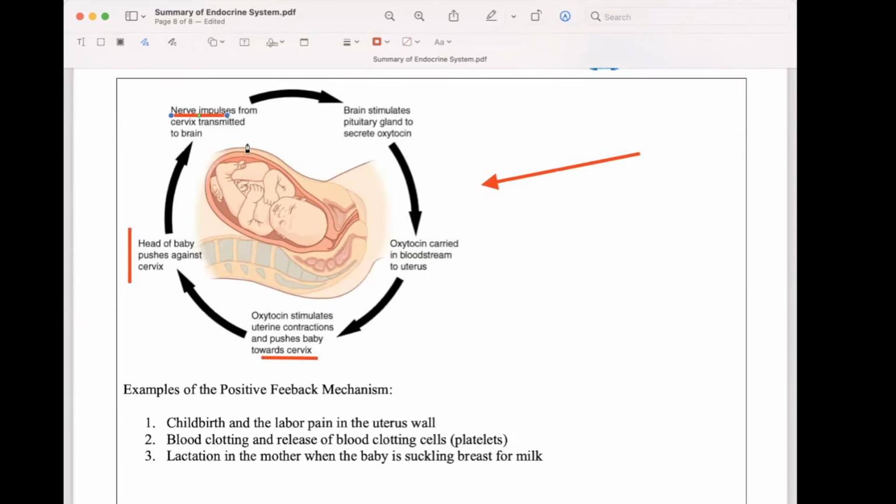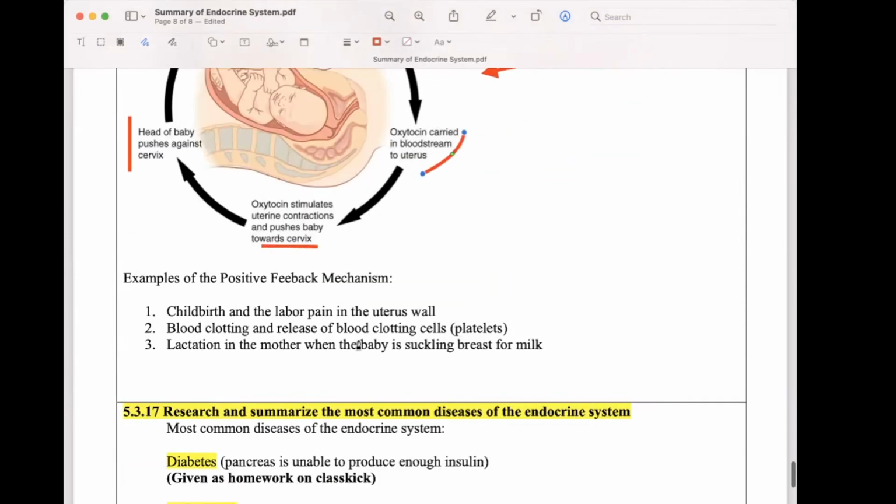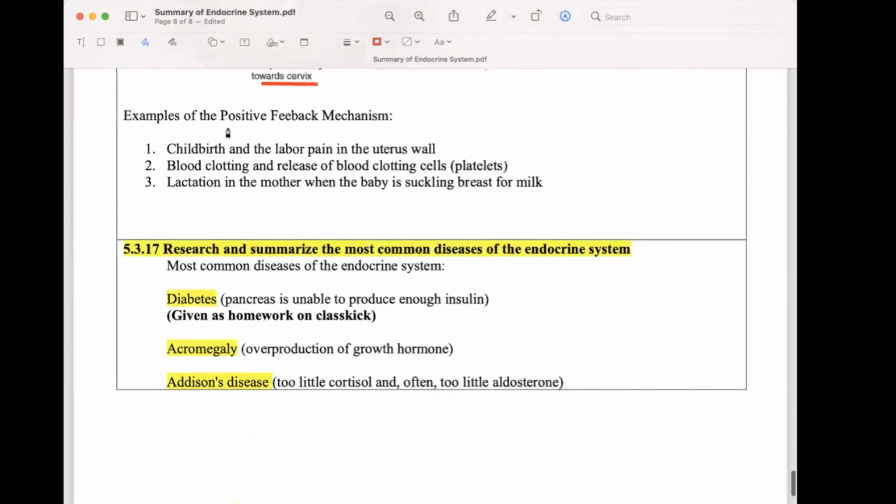A nerve impulse sends this message to the brain. The brain releases more oxytocin, and more oxytocin causes the birth of the baby. Examples of the positive feedback mechanism, very important, boys. You have to learn childbirth, which is caused because of labor pain. This is one of the examples.